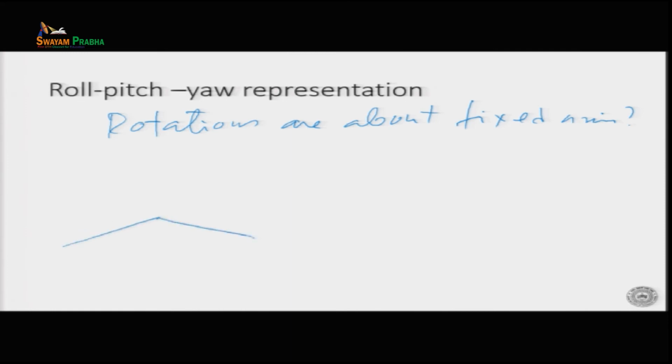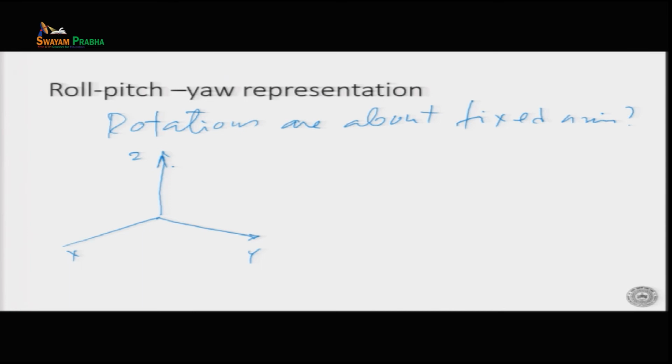That means whichever was first, second, and third, it will come in that order only. Now there are other representations we can call roll pitch yaw, in which case the rotations are about fixed axes. Now what are the fixed axes? This is my x axis, that's my y axis, that's my z axis.